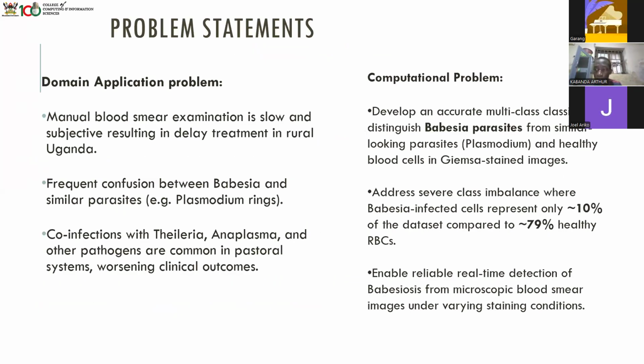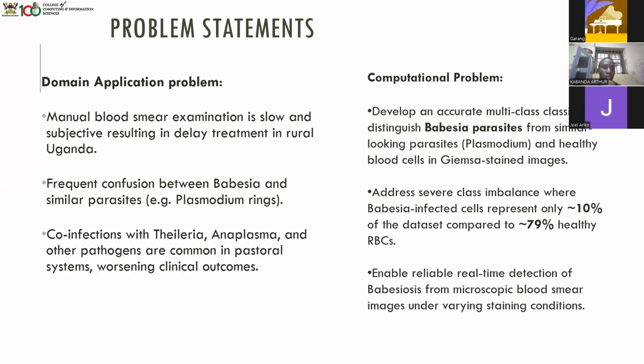So here's our problem statement. It is categorized into domain application and computational application. For the domain application, we're talking about the real-world problem under a specific field that our system is currently solving. In this case, our domain is veterinary, and our application problem is detecting babesiosis in animals.